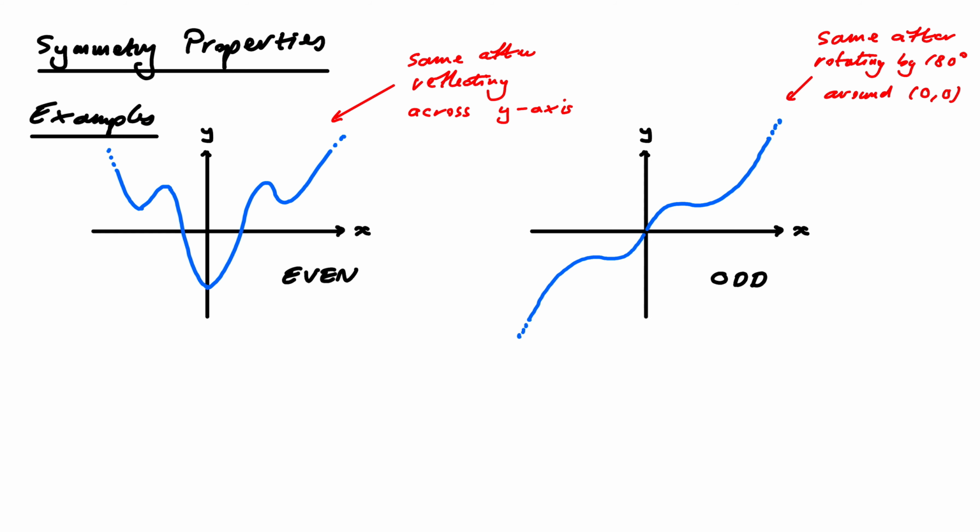So let's have a think about the first case, shall we? Imagine I have an input here, x. That would correspond to what? An output over here, f of x. Now, I have this reflective symmetry across the y-axis. So if I take the point on the opposite side here, minus x, and I go through exactly the same procedure, it has to be exactly the same height.